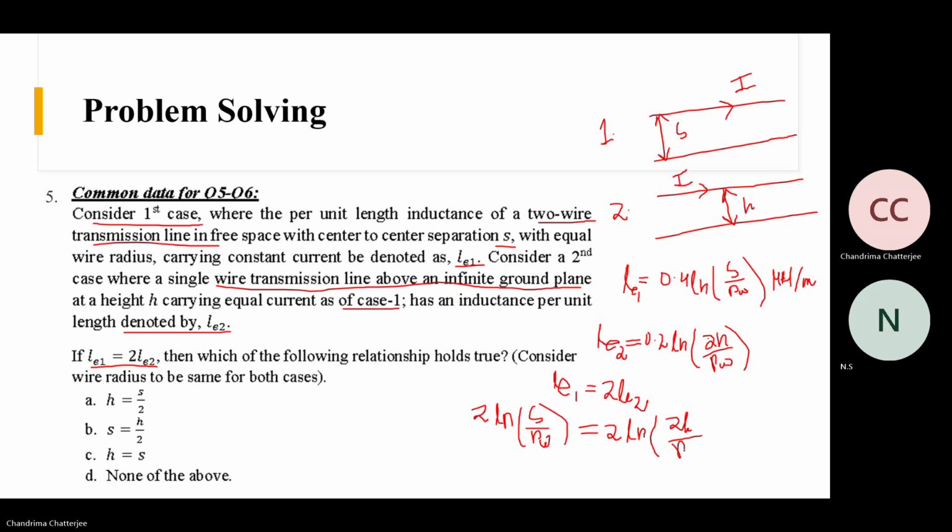Why these two? Because here it had 0.4 and here it had 0.2. So here 1, 2 will come, and this 2 is because of the relation LE1 is equal to 2 LE2. Fine, we can cancel 2 from both sides. Then ultimately we get S is equal to 2H. If this relationship holds true, then H is equal to S by 2. So option A is correct.